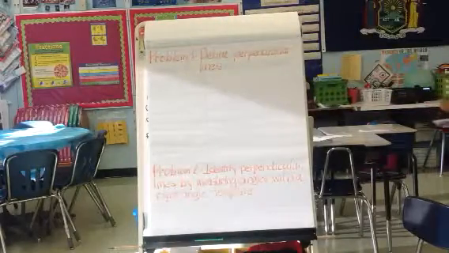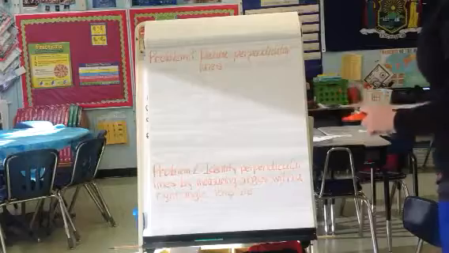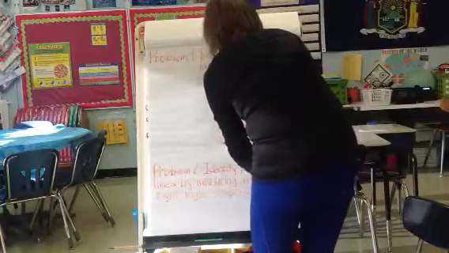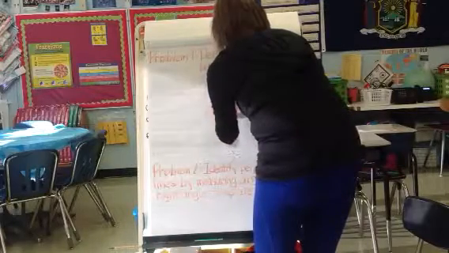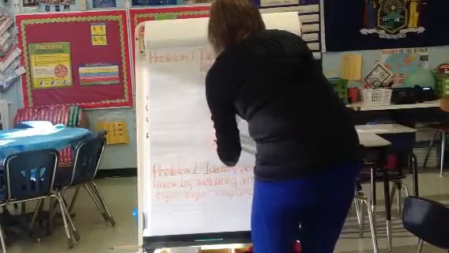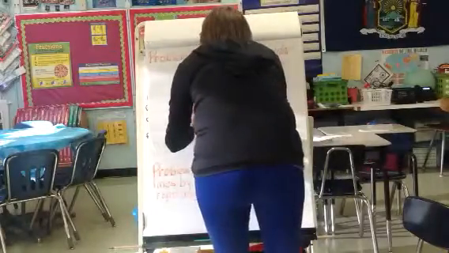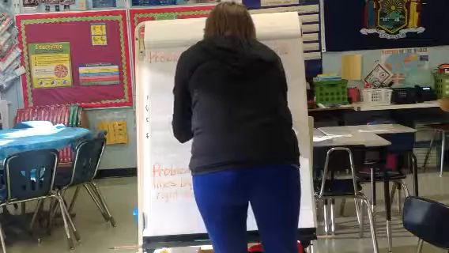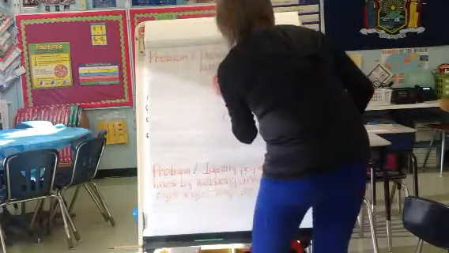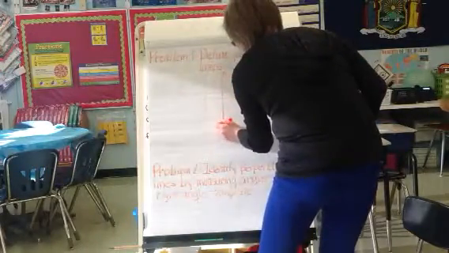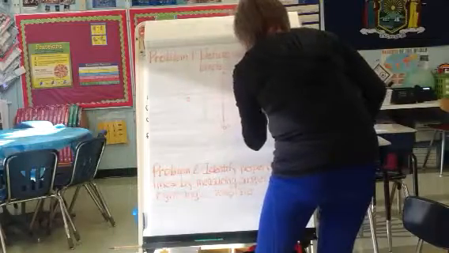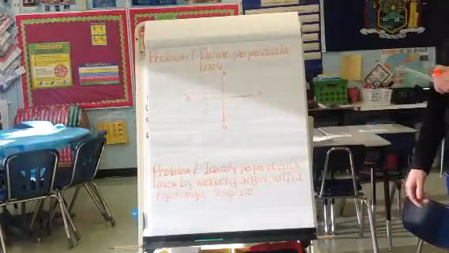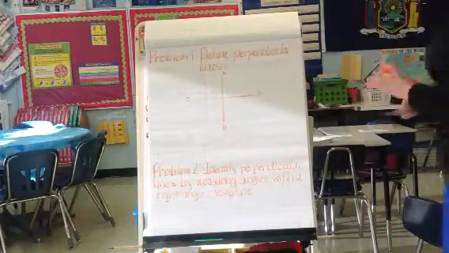Okay, the first thing we're going to do is define perpendicular lines. I'm going to draw 2 lines with my straight edge. Okay, we're going to call this one A, B, C, D. You're going to notice that they cross perfectly.